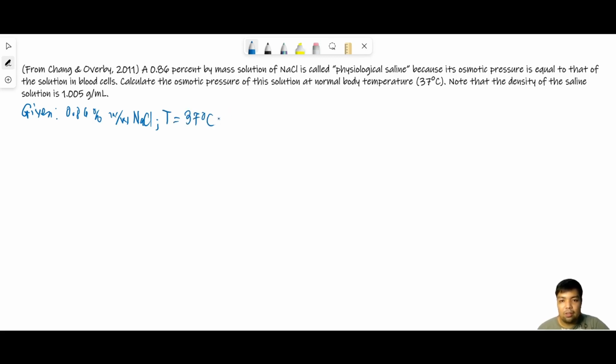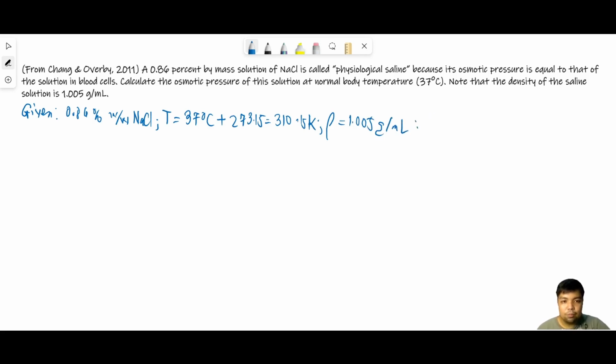We can convert this again to Kelvin by adding a value of 273.15, and that is equal to 310.15 Kelvin. The density of the solution is 1.005 grams per milliliter.